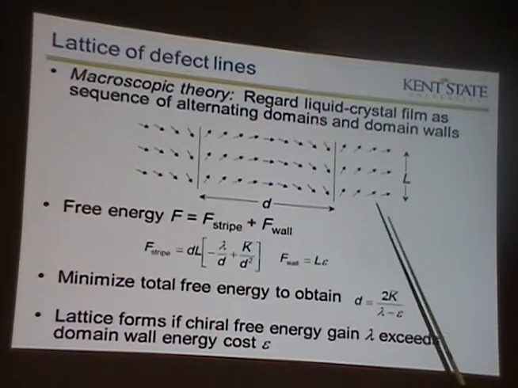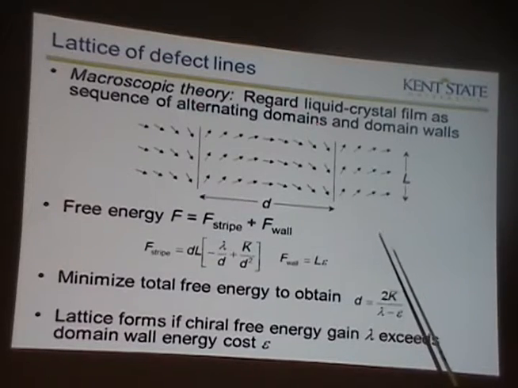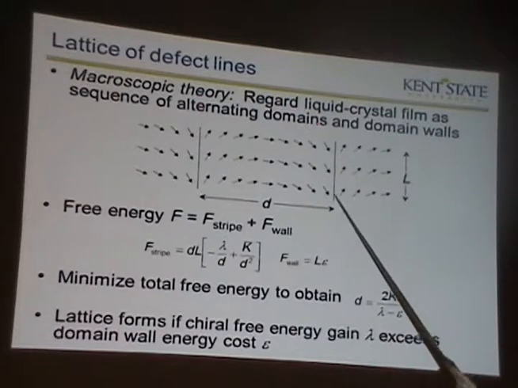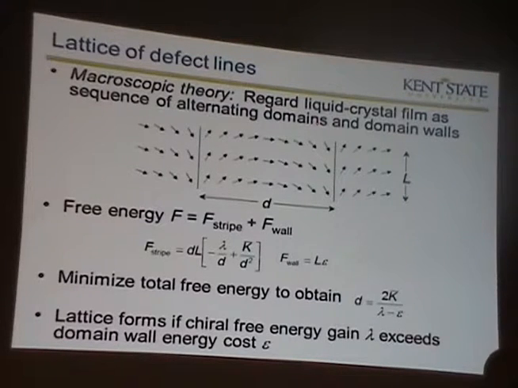We say that these boundaries are lines, defect walls, and we say we've got some energy per unit length, and that's just a feature of the theory: there are these walls. We could also take a more microscopic point of view.